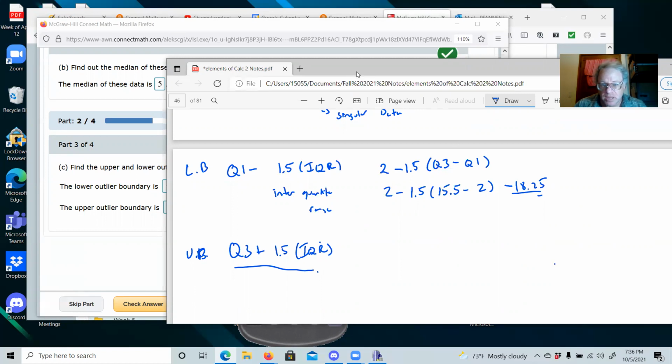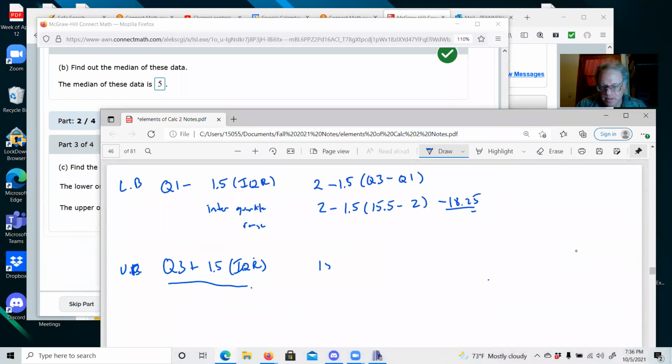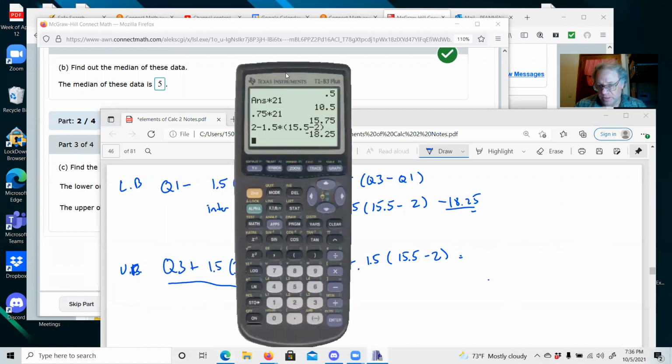All right. So Q3, what is Q3? Q3 was 15.5 plus 1.5 times IQR. Same thing, same 1.5, except it's a plus because we're going bigger. And then this IQR is the same. So we're going to type it into the calculator the same way.